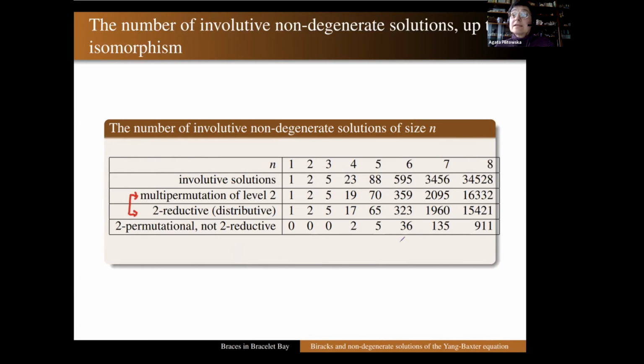So we can see that for solutions of small size, almost all multi-permutational solutions of level 2 are distributive.